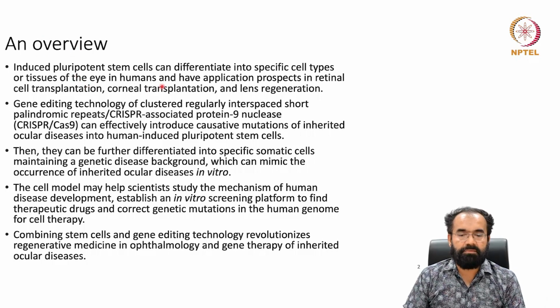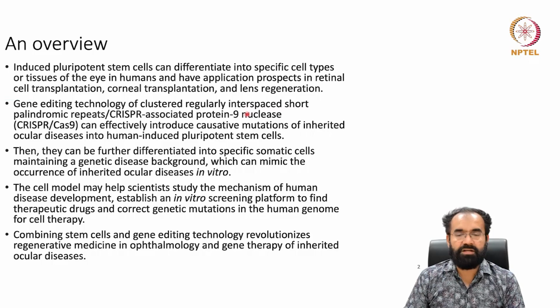Induced pluripotent stem cells can differentiate into specific cell types or tissues of the eye or any other organ or tissues in humans. You can make them whatever you want, and they have several application prospects in retinal cell transplantation, corneal cell transplantation, and lens regeneration.